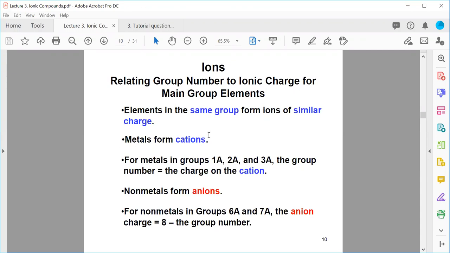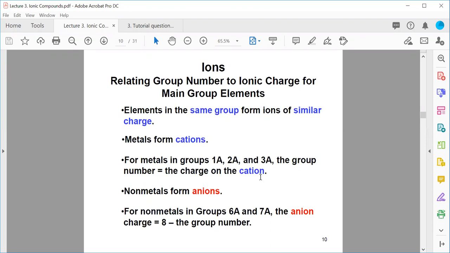Metals tend to form cations, and for those metals in groups 1A, 2A and 3A, the group number, that is 1A, 2A or 3A, equals the charge on the cation. In other words, elements in group 1A tend to form a +1 charge.